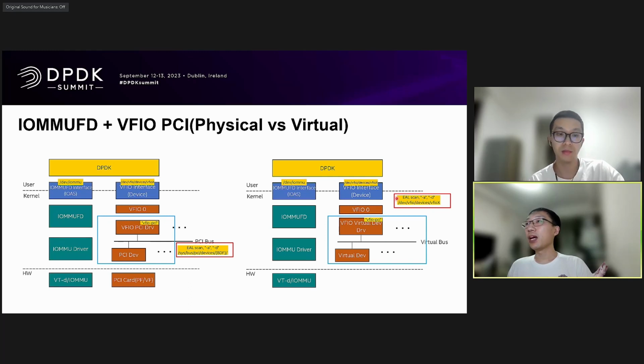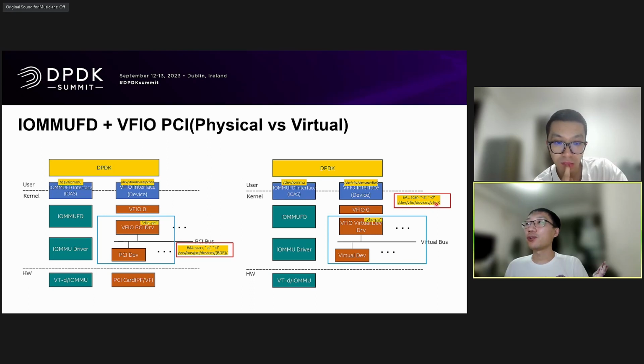By opening this device and accessing the PCI CSR region, since we assume all these devices are VFIO PCI type, we can access the PCI CSR and get the product ID and vendor ID.